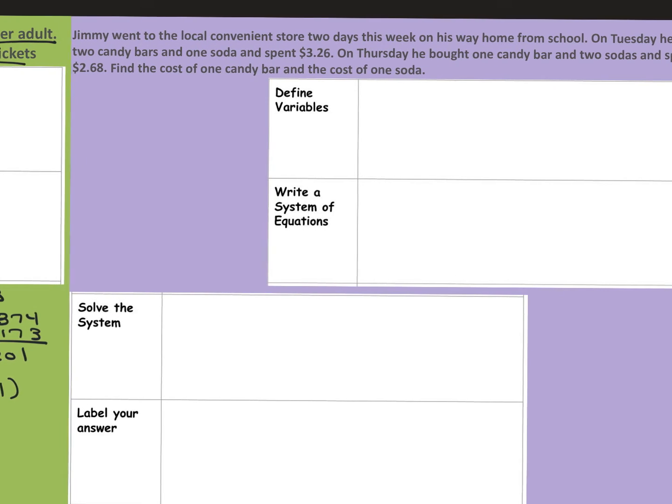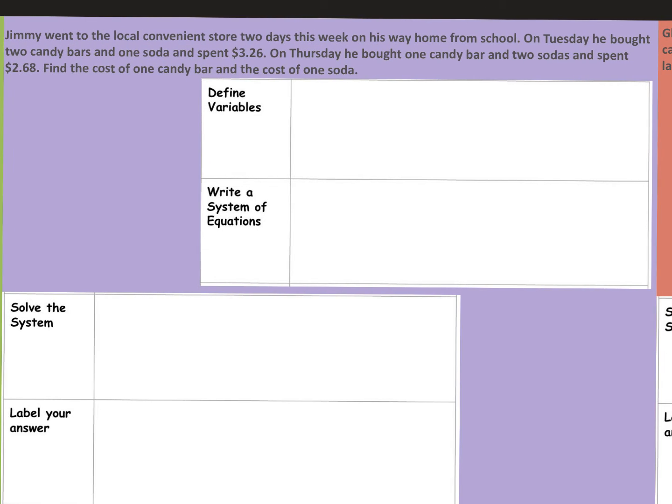We're going to follow the same exact steps. Jimmy went to the local convenience store 2 days this week on his way home from school. On Tuesday, he bought 2 candy bars and 1 soda and spent $3.26. On Thursday, he bought a candy bar and 2 sodas and spent $2.68.